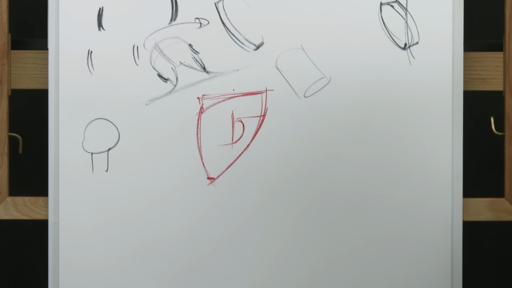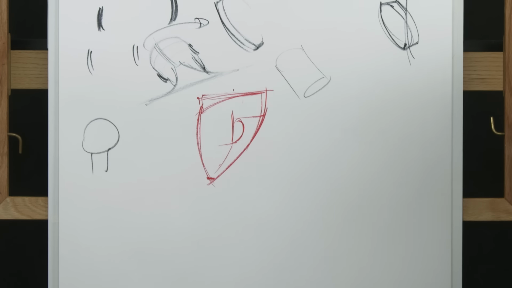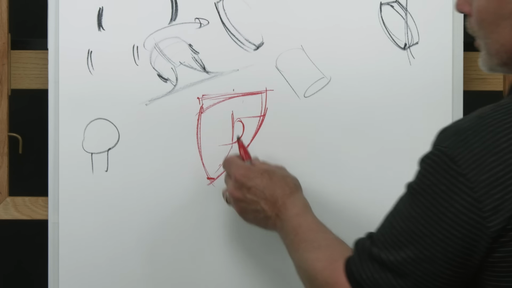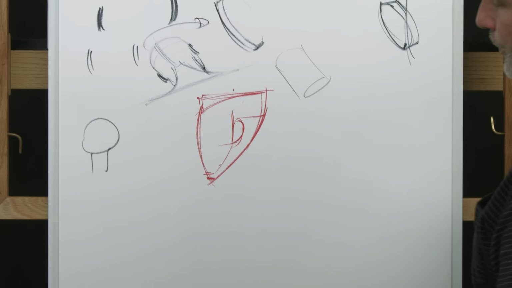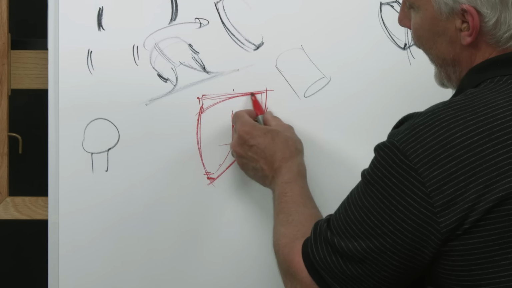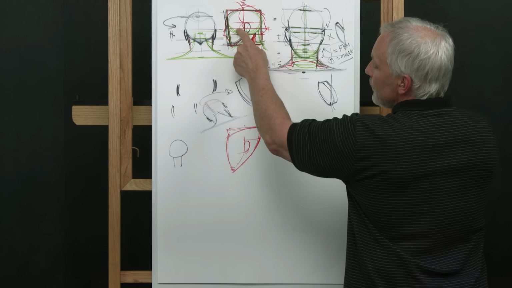But if you're off some, notice how this got much bigger. This got much shorter. Doesn't hurt anything really, but you can adjust it down or trim it back accordingly. But when I do that, it feels like a nice profile, like this.